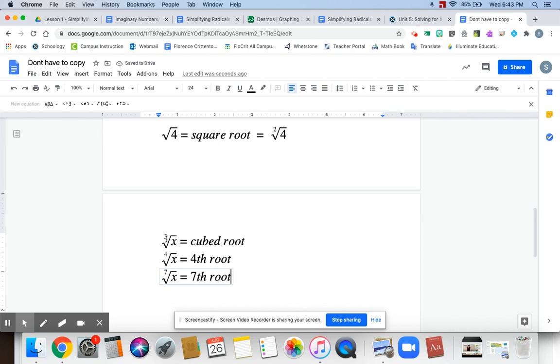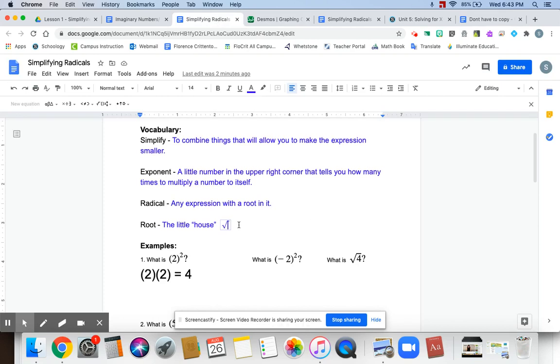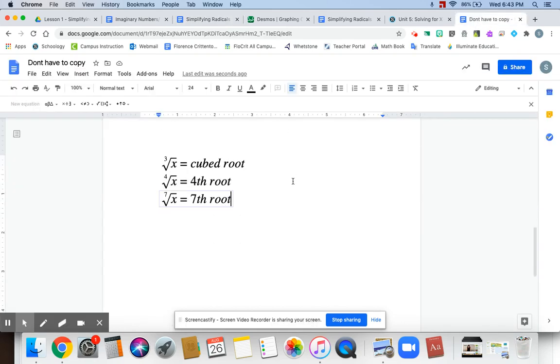So back to the notes to explain what they mean. So it's the little house, and they are the inverses to exponents. All right, I use more big words. Inverse means undo. For example, you don't have to copy this part.